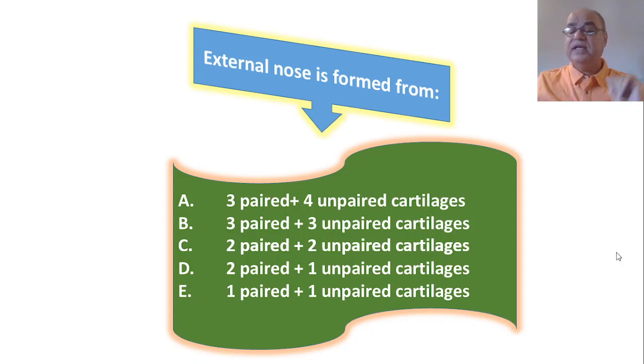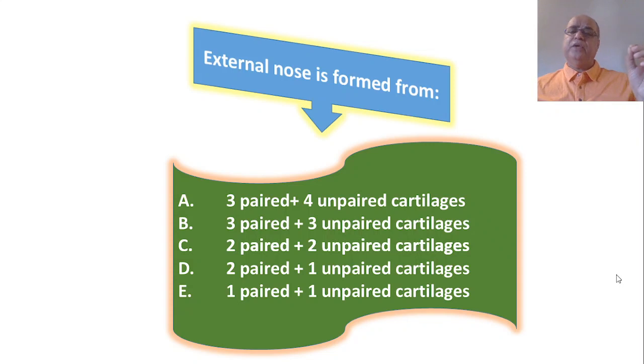So this is decided. Then there are the sesamoid cartilages or lesser alar cartilages. They are two or more in number. Usually they are unpaired, these sesamoid cartilages.